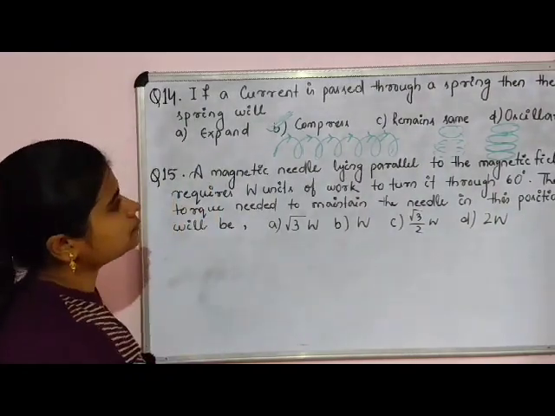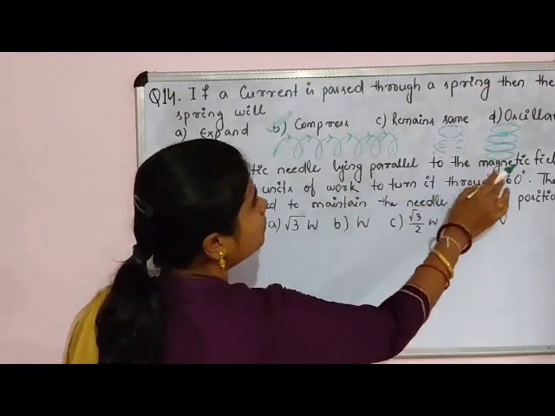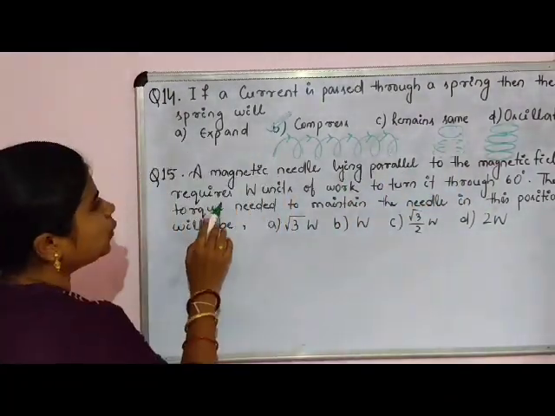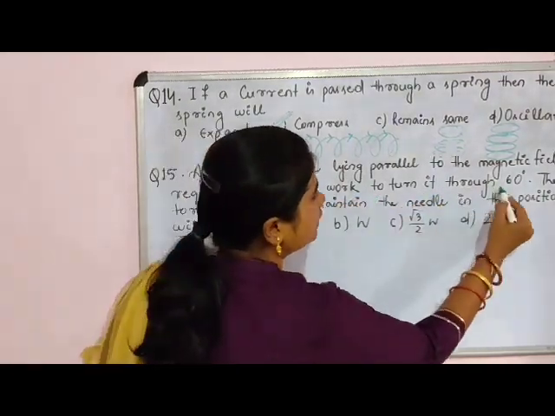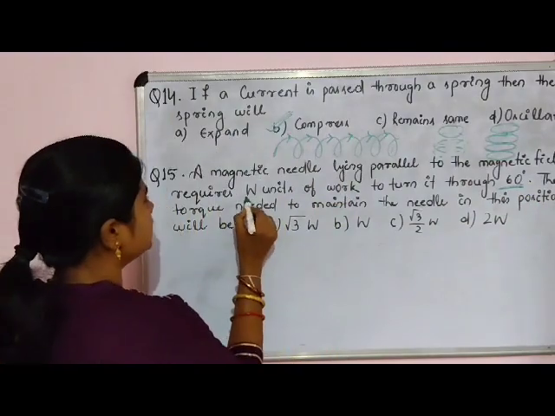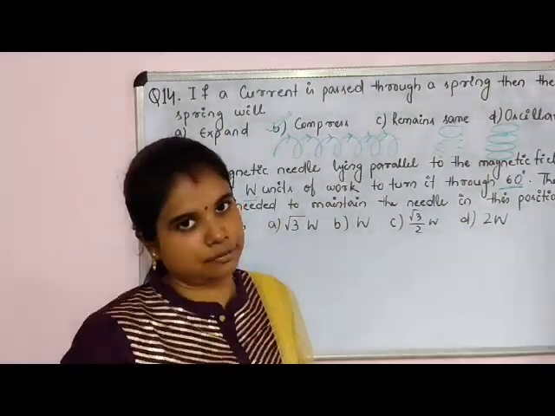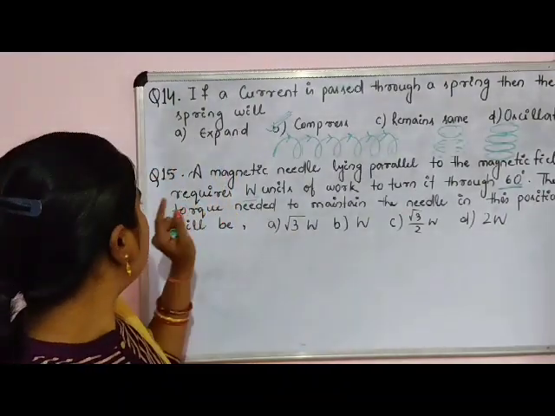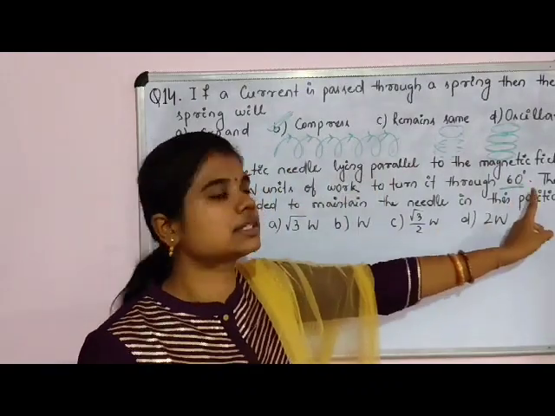It is saying a magnetic needle lying parallel to the magnetic field requires W units of work to turn it through 60 degrees. Okay. Now see, this is saying that a magnetic needle is lying parallel to the magnetic field, and it requires W units of work to turn the needle through 60 degrees.